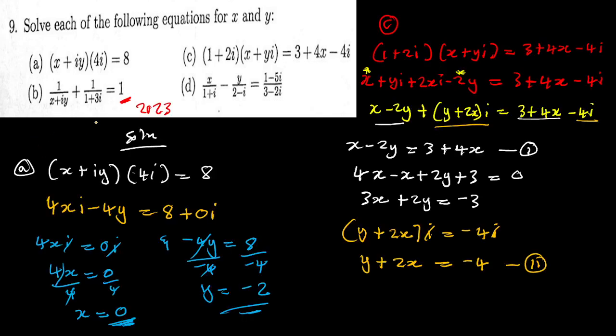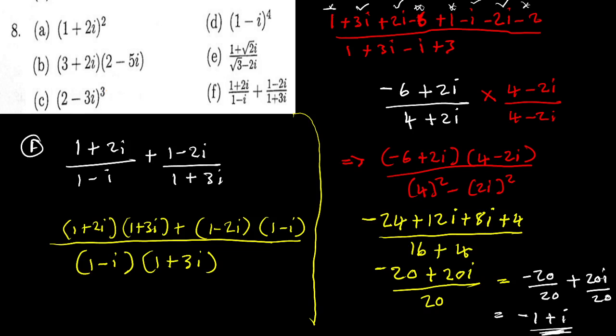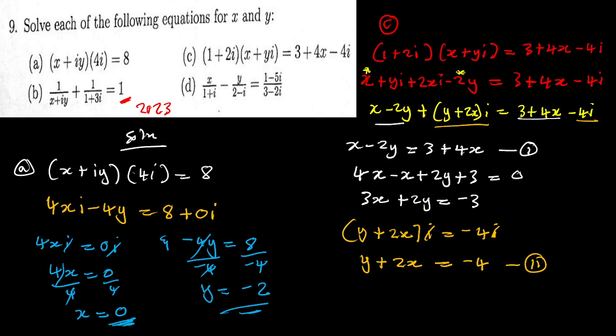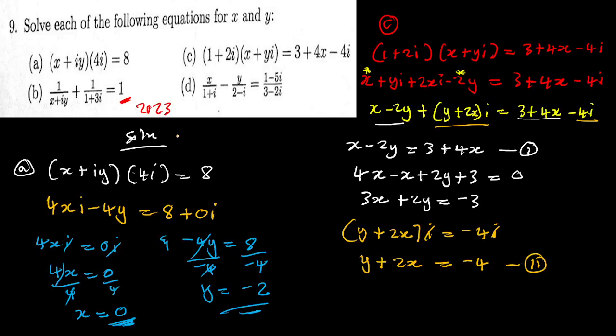So I have 3x plus 2y, which is simply equal to negative 3. This is equation 1.